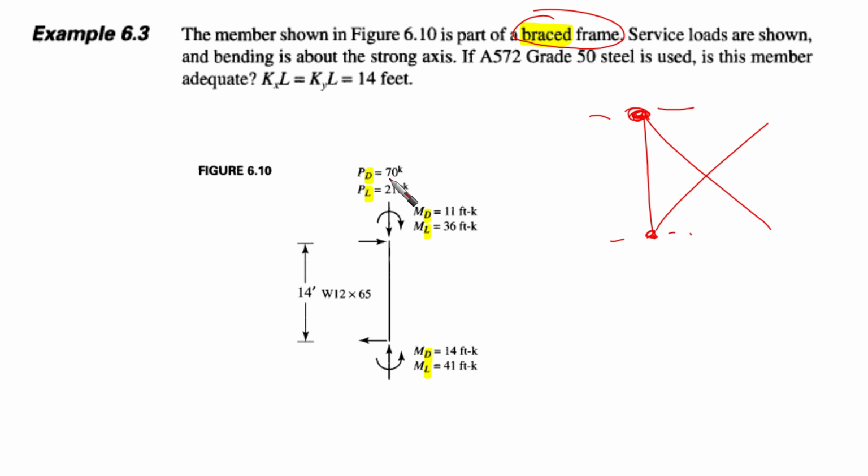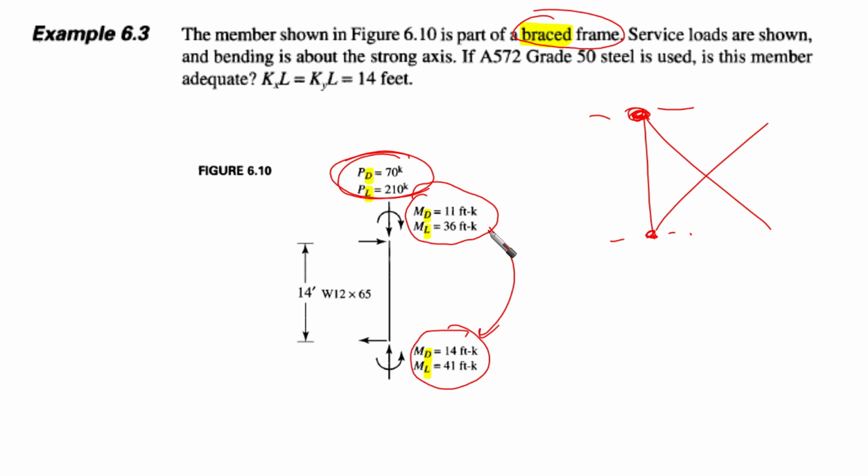We have dead load 70 kips, live load 210. This is the axial load, from the top, and of course from the bottom it is the same, top and bottom. They are axial loads. And then we have moment at the top, dead load and live load, and we have moment at the bottom, dead load and live load.